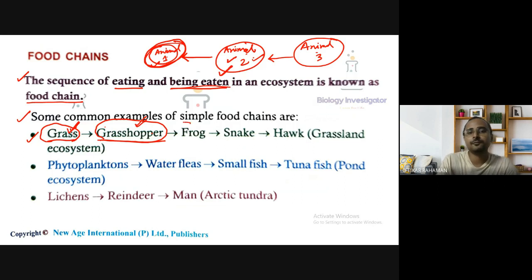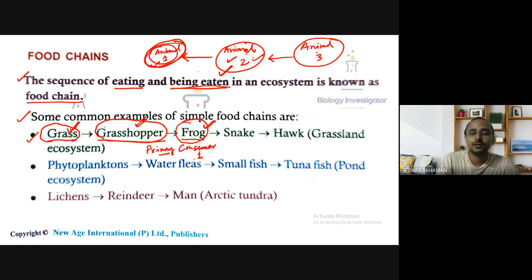And then frog is eating grasshopper. So frog is carnivore, but frog is consumer number one, or we can say this is primary consumer.